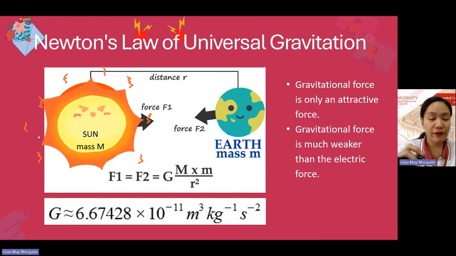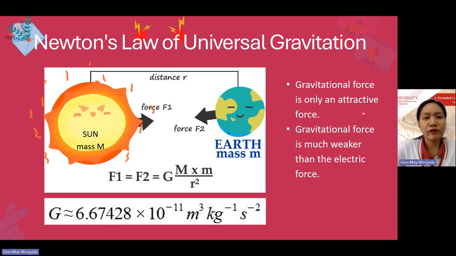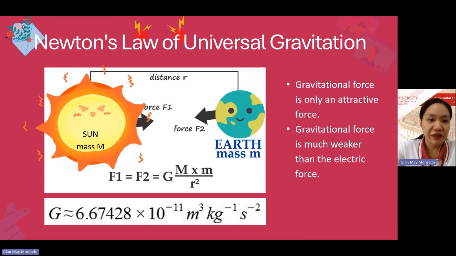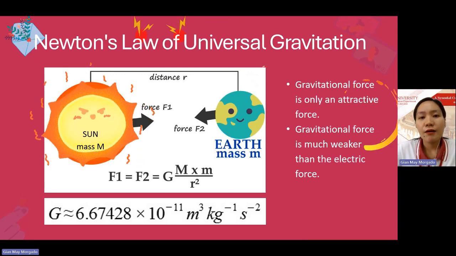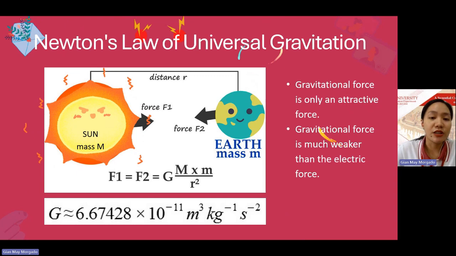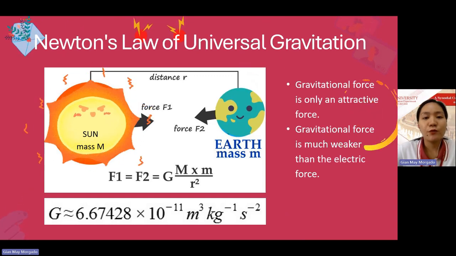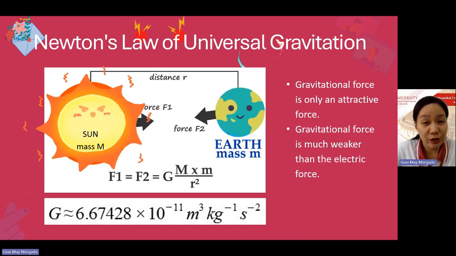Okay. So we have discussed attractive force. One of the common attractive forces that we know and experience is the gravitational attraction between two heavenly bodies, for example, the sun and the earth. They are constantly attracted to each other by the force known as the gravitational force.